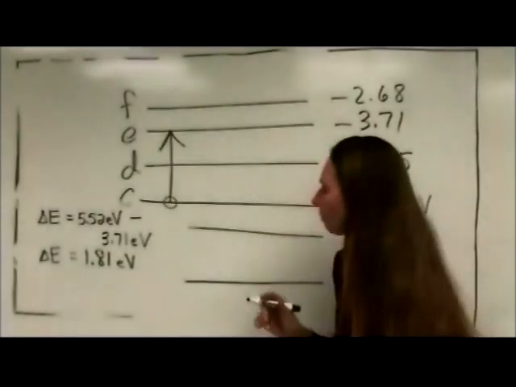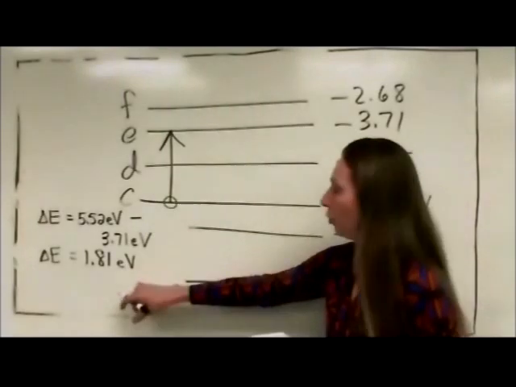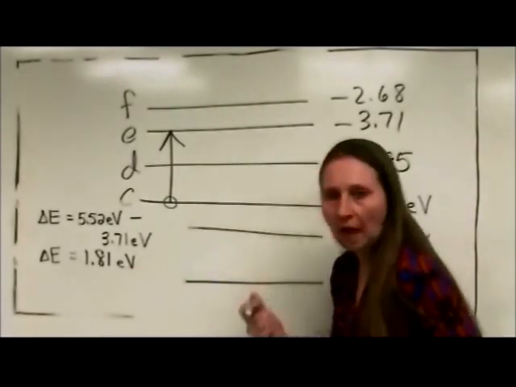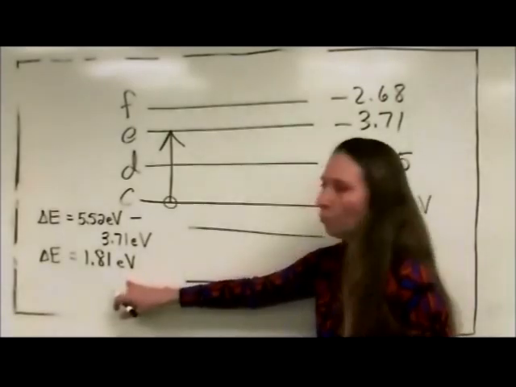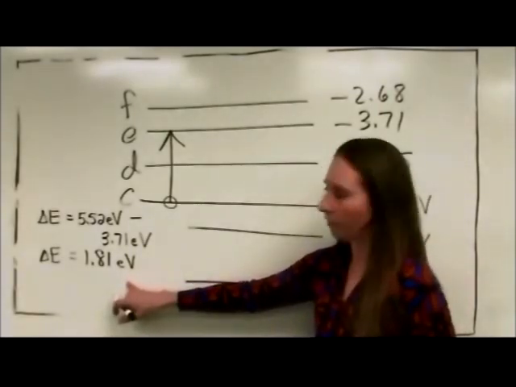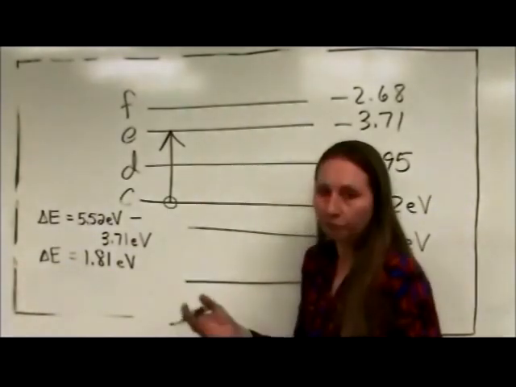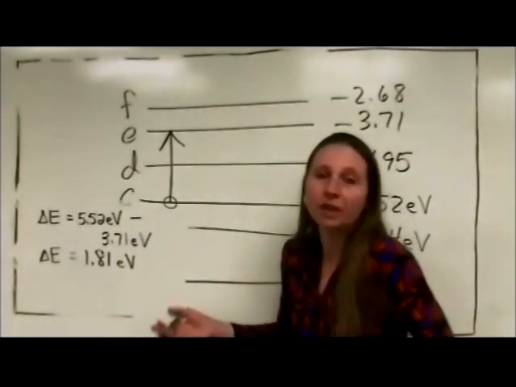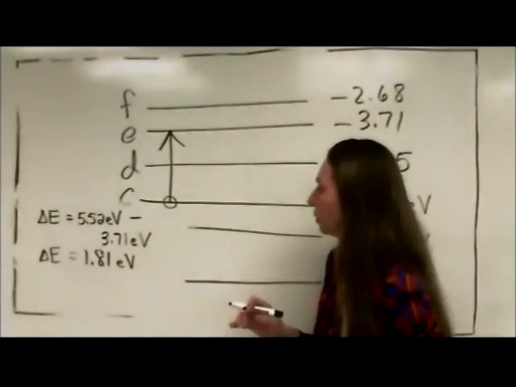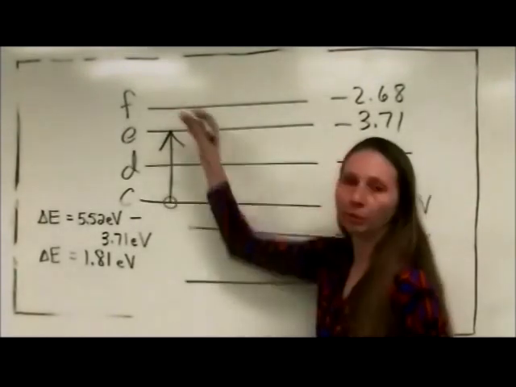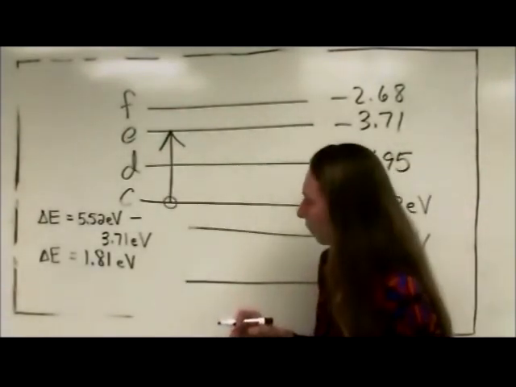Now, that would mean that the photon, if it were absorbing light, would have to be exactly a 1.81 electron volt photon. Right? If it was only 1.75, it probably would not match any of these transitions. It's not going to be able to absorb a 1.75 electron volt photon.